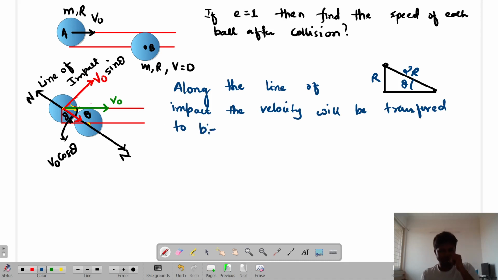We have to write the equation along the direction of B only, right? So along the line of impact, what will happen? The velocity will be transferred to B.